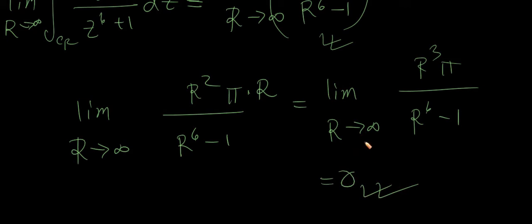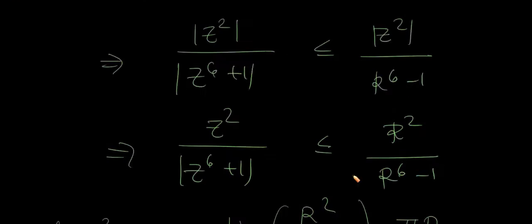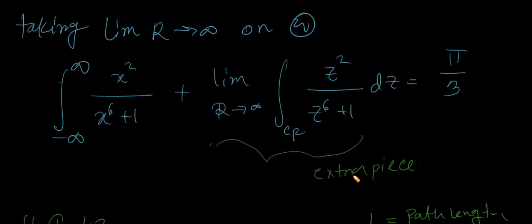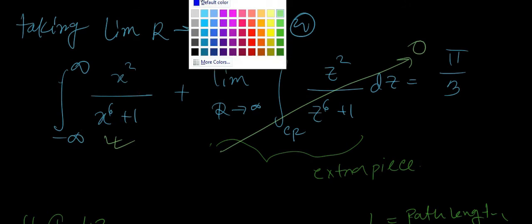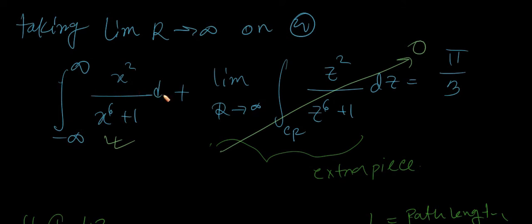So this result over here says that the extra piece we got in this line is actually 0. So finally we can say that this integral from minus infinity to plus infinity of x squared divided by x to the power 6 plus 1, obviously I forgot to write down this dx, is actually equal to pi by 3.